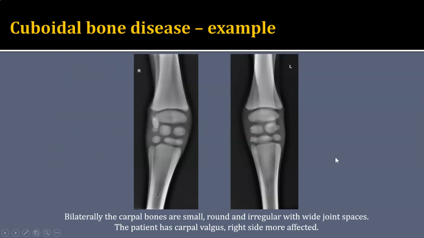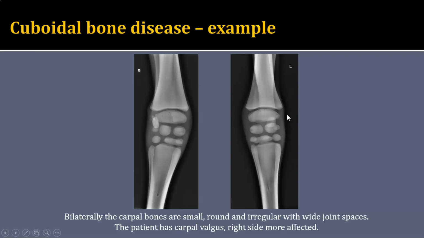Here's an example of a horse that has bilateral carpal DP radiographs. Our left side, here's our lateral, and our right side, here's our lateral side. If you look at this patient, these carpal bones are bilaterally small, round, and have slightly irregular margins.